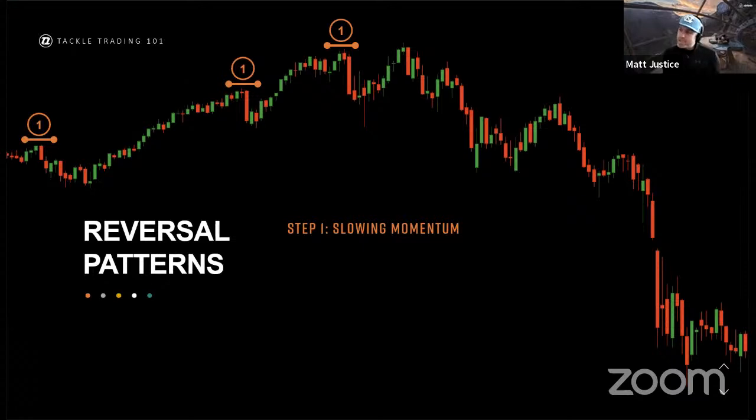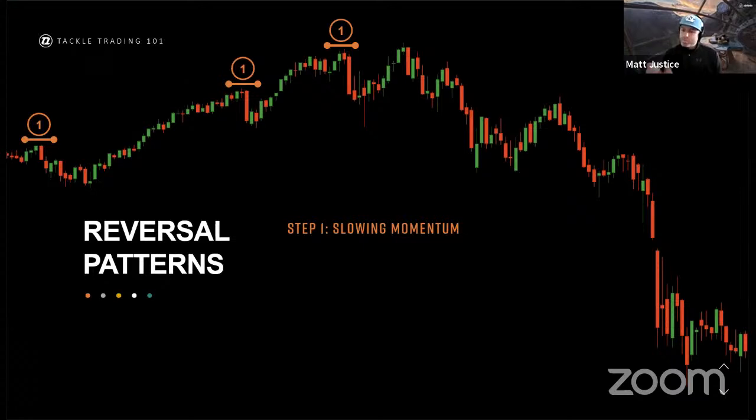If something has momentum behind it, there's a reason for that. You may not understand exactly what that reason is, but the visual identification is literally showing you that momentum. It's like if you're watching a basketball team and they're up 2 points, and then all of a sudden they're up 10 points. I'm willing to bet they had a little bit of momentum there. Little things went right for the NBA team.